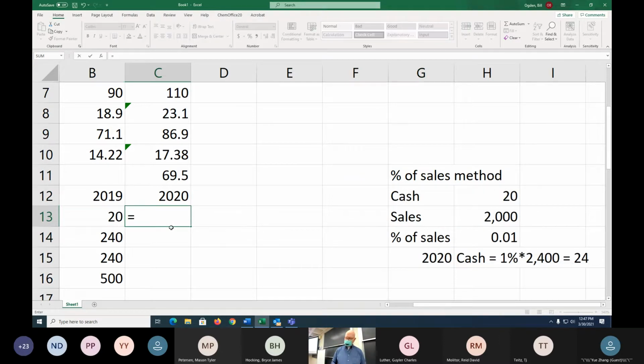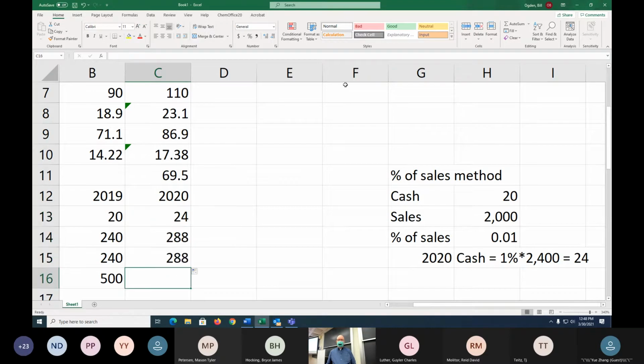So in other words, just as I multiplied everything above by 1.2, I increased everything by 1.2, I can do that here, and I get exactly the same number. So I'll do that for all of these, and then we'll do an auto sum.